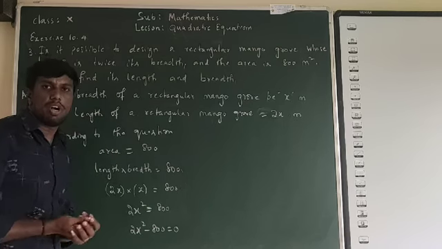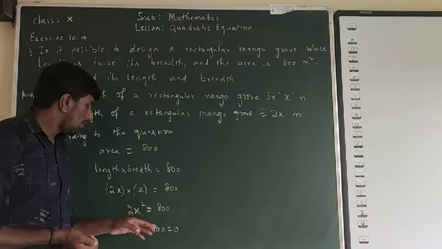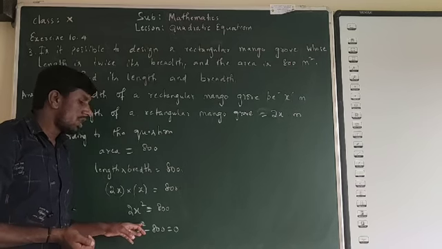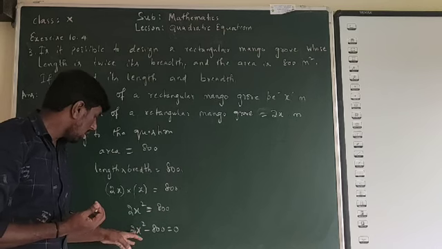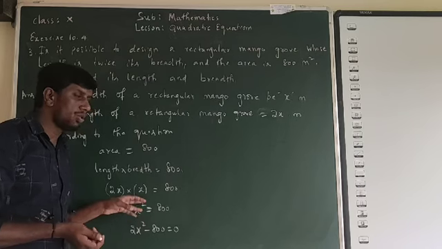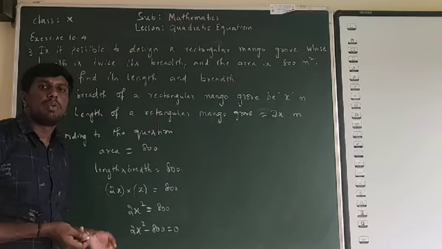Now this will be a quadratic equation. Look at the variable. The variable is x. Look at the power, that is the highest power of the variable. We have only x to the power of 2. Here the highest power is 2, so therefore it is a quadratic equation.